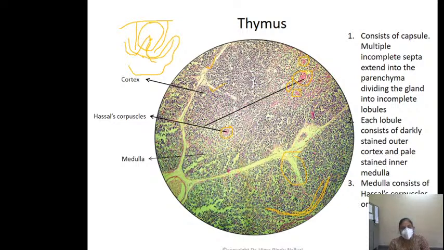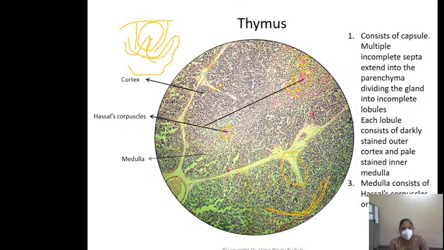So the thymus is a capsulated structure, and it is a primary lymphoid organ or tissue, and it consists of the outer cortex and the inner medulla. From the capsule you see a number of septa extending, which are incomplete, and the medulla of each lobule is continuous with the other one. The cortex can be differentiated by the darkly stained cells which are compactly arranged.